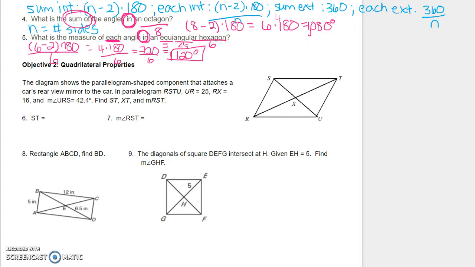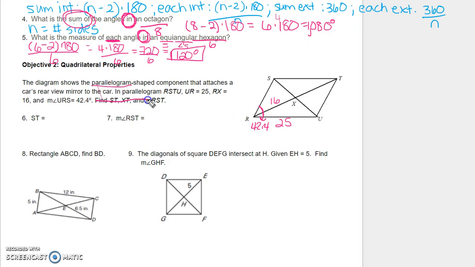Okay, number 6, quadrilateral properties. We have a parallelogram, so we need to remember our parallelogram properties. It tells us that UR is 25, so I'm going to mark my diagram. I highly recommend that. RX is 16. Angle URS, that's this big angle here, is 42.4.